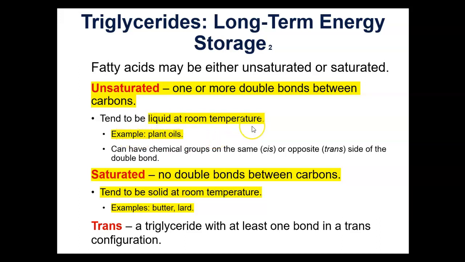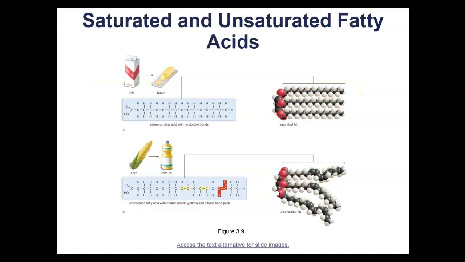An example would be plant oils like olive oil. Saturated fats have no double bonds between carbon atoms. They tend to be solid at room temperature, like butter and lard. And here you can see the hydrocarbon chain of a saturated fatty acid has no double bonds in it. And then the hydrocarbon chain of an unsaturated one has 2. This particular one has 2 double bonds.